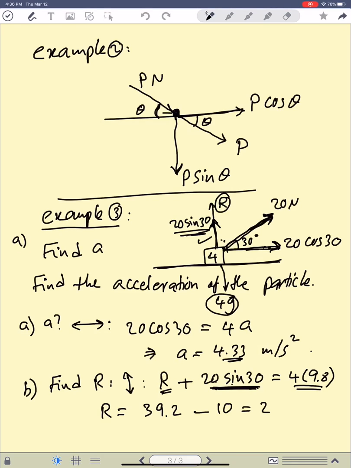So it is 29.2 newtons. Look at the difference, how the equations of motion change when a new force acts or applies at an angle to the particle in the direction of motion.